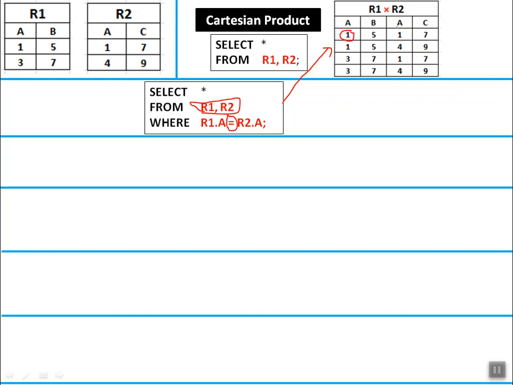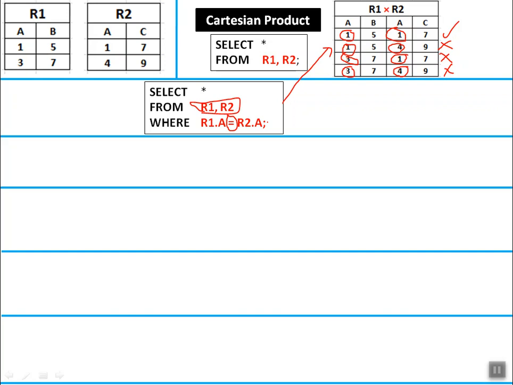R1.A, yes, first row. Yes, selected. Second row, eliminated. Third row, it is 3, it is 1. Again, eliminate. Fourth row, again, eliminate.